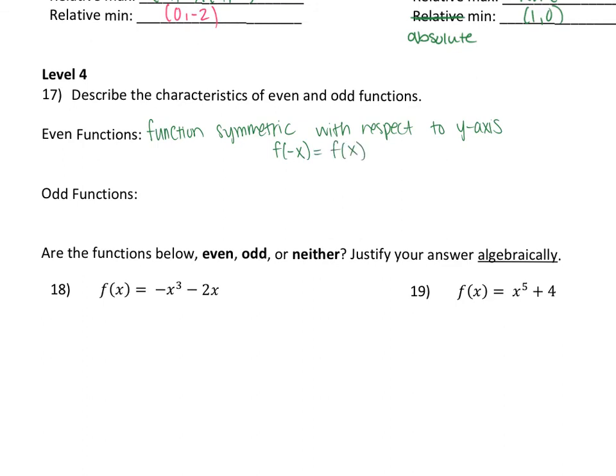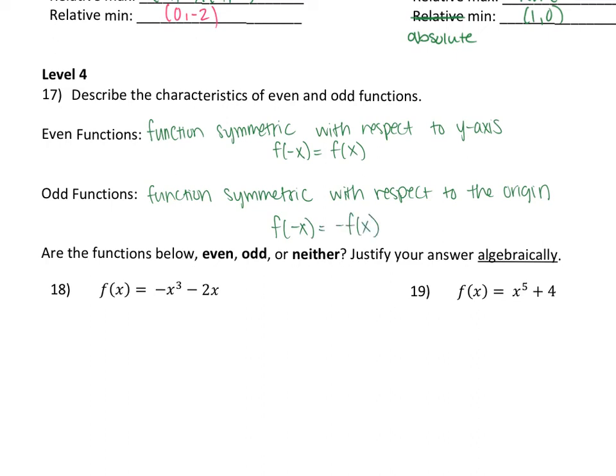Whereas the odd function has a symmetry, but it's a little bit different. It is with respect to the origin. And you can also use the function notation test. The only difference is it doesn't come out the same. It comes out as the negated version or the negative version of the positive.